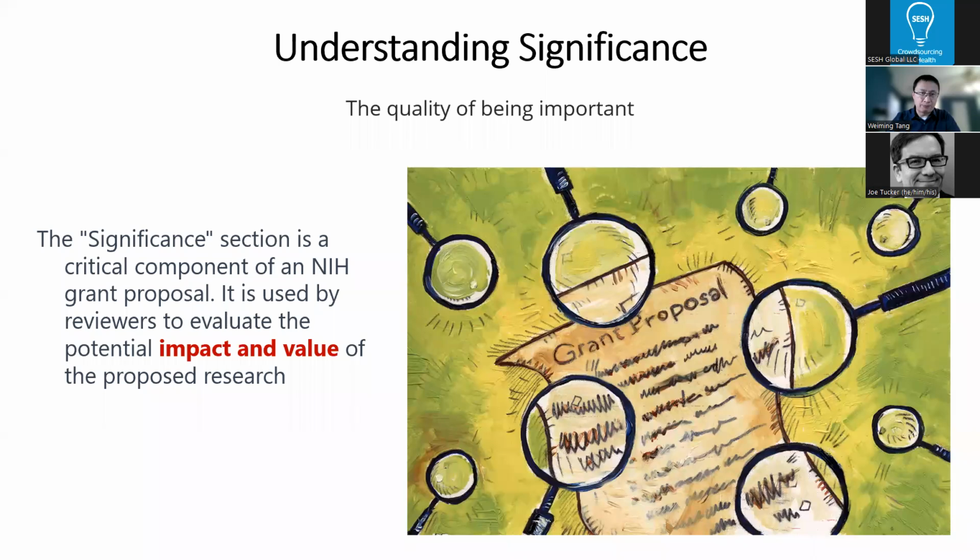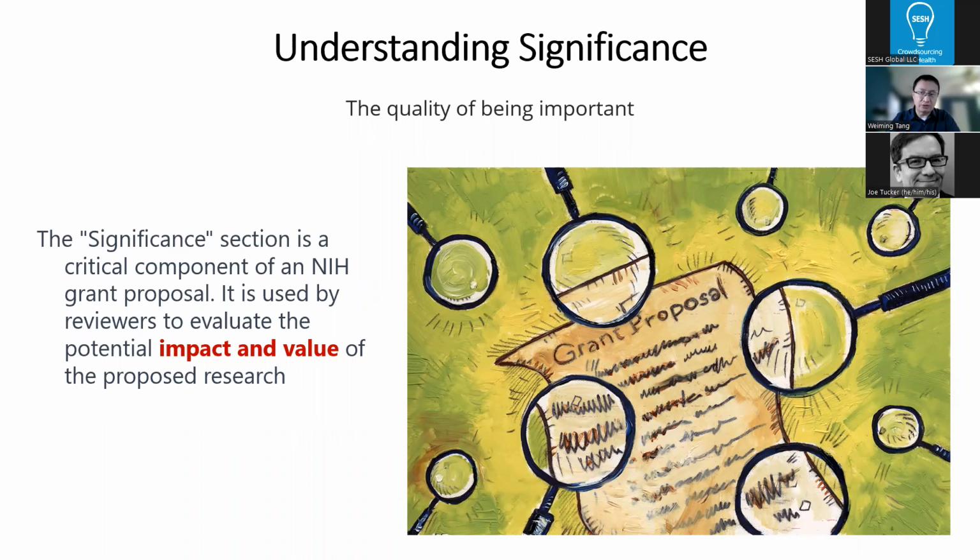So the significance section is a critical component of an NIH grant proposal. It is used by the reviewers to evaluate the potential impact and the value of the proposed research. Here, you need to remember, we will give the impact and value of your study in this part.